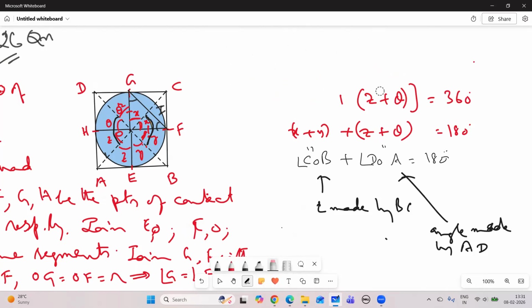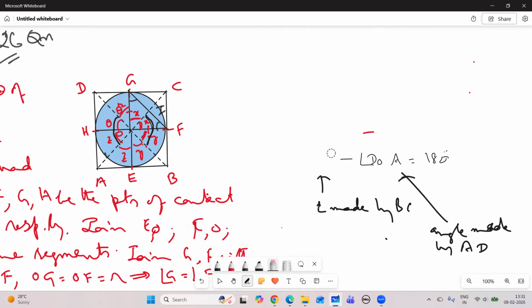Now let us take the point of intersection of GF with OC.